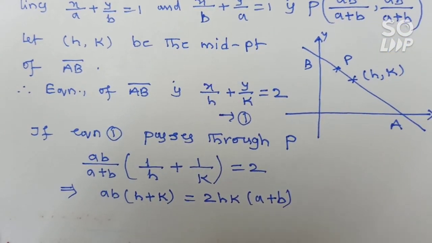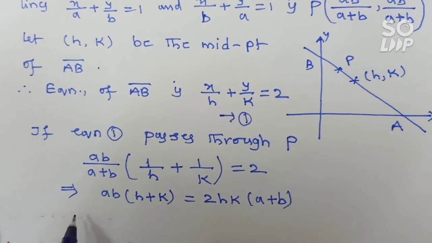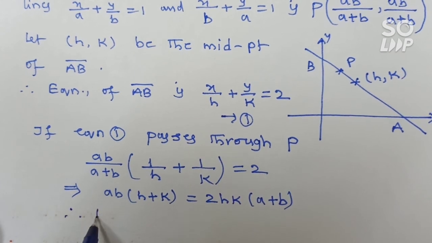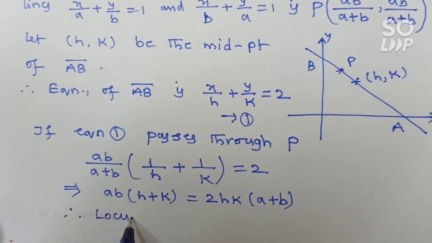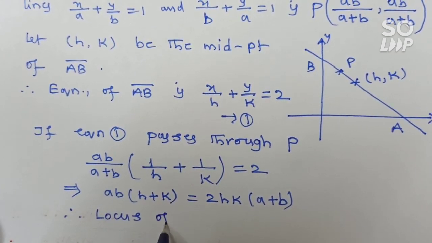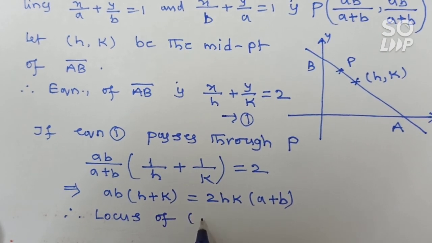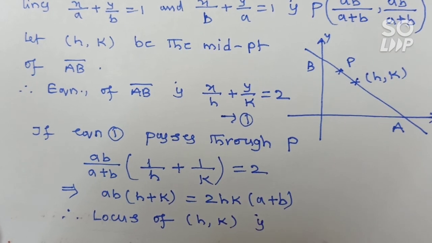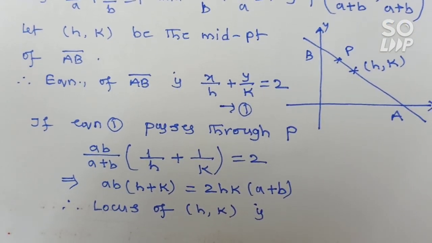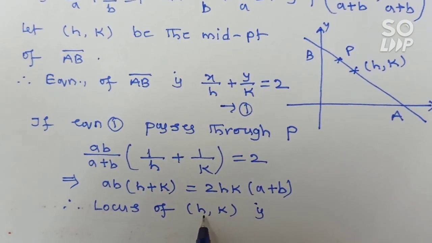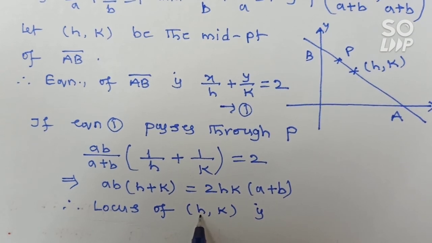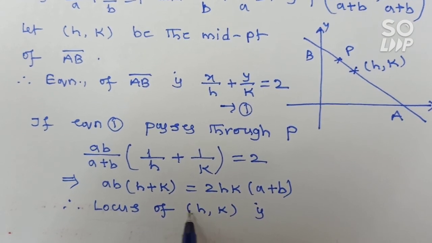Now we want the locus of midpoint. So therefore the locus of h comma k, or the locus of the midpoint. How can we write the locus of any point? You replace the x coordinate by x and the y coordinate by y. Here, the locus of the point h comma k means replace h by x and k by y.